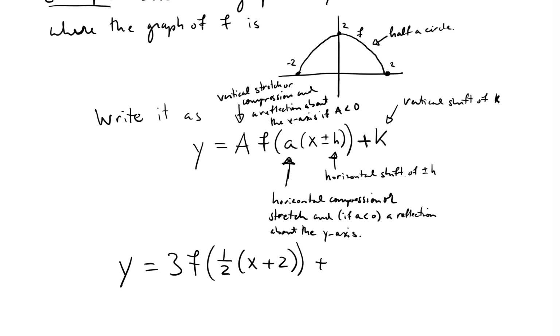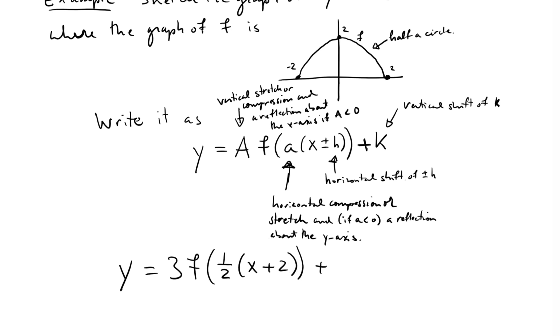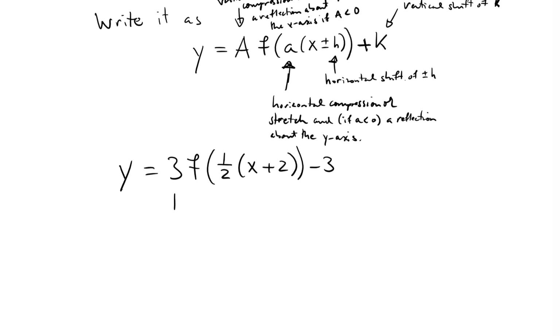And finally, it's minus 3. Minus 3 will shift it down 3 units. So let's write all this. You analyze each part, and then from this you can get your final graph. Vertical stretch of 3.